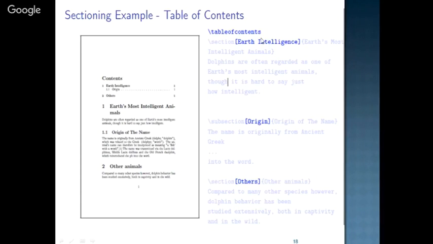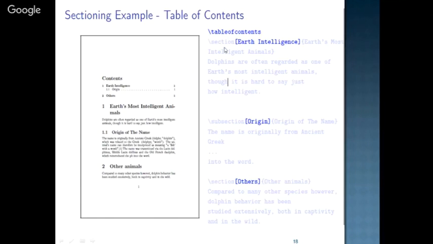If you write \tableofcontents and run the program, you will see the content as shown here. But in Word, you have to give some extra effort to make the table of contents, and every time you have to update it. Here it will be automatically updated.